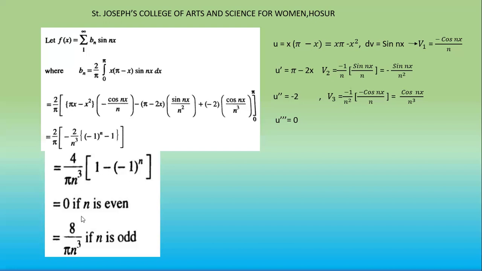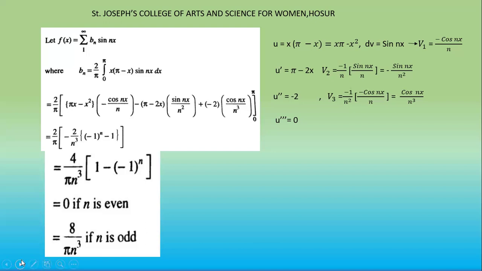So 4 into 2, 8. Similarly, when n is equal to 5, minus 1 to the power of 5 is minus 1, so minus of minus 1 is plus 1. 1 plus 1 is 2. So 4 into 2, we will get the same 8 by pi n cube if n is odd.